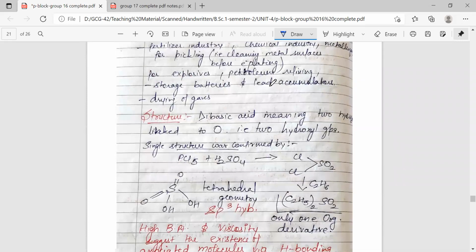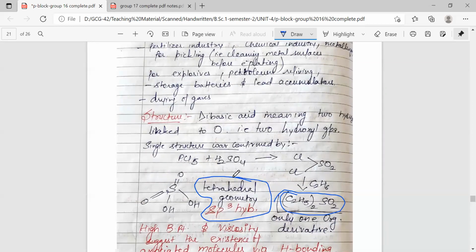If we look at its structure, it is a dibasic acid, meaning two hydrogens linked to oxygen, that is two hydroxyl groups are there. So it has a single structure. When its ethyl derivative was generated, it gives this kind of structure. Only one organic derivative was obtained, which indicates only one kind of structure, unlike sulfurous acid, which exhibited two structures, two derivatives.